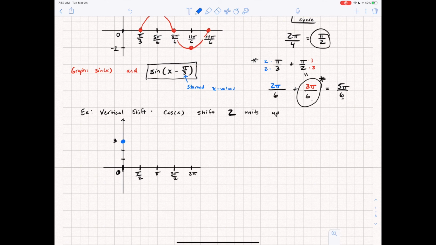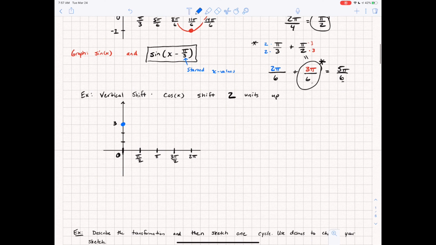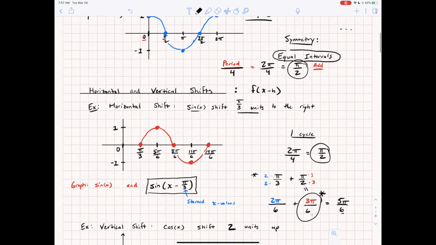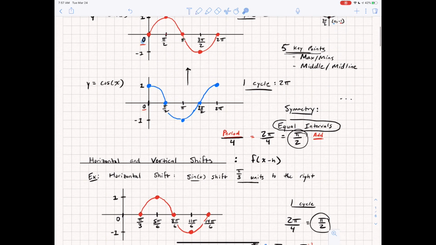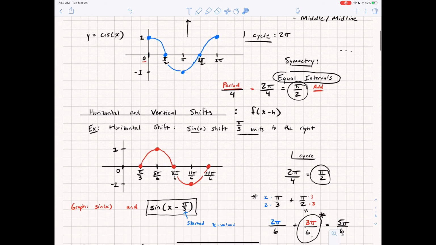And now again, this is the maximum for cosine. So I know that it will now go down. Well, how many steps does it go down? Well, let's look back at the original graph. In the original graph, we go from 1 to the middle, which is at 0. So we take one step down.